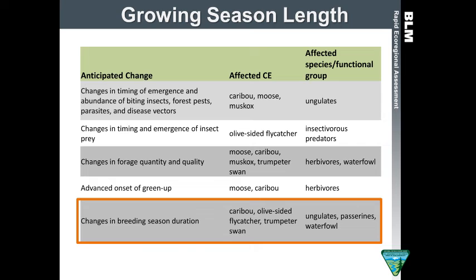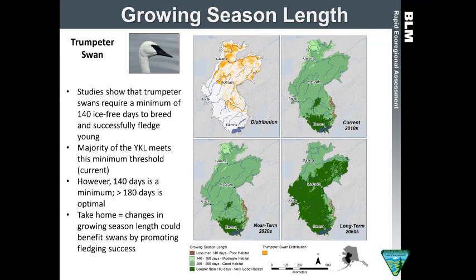So I wanted to drill down quickly into the changes in breeding season duration. This is just an example that Nancy, Jessica Weimer, and myself did for the trumpeter swan. Literature studies have shown that trumpeter swans require a minimum of 140 ice-free days to breed and successfully fledge their young, and the majority of the YKL meets this minimum threshold.